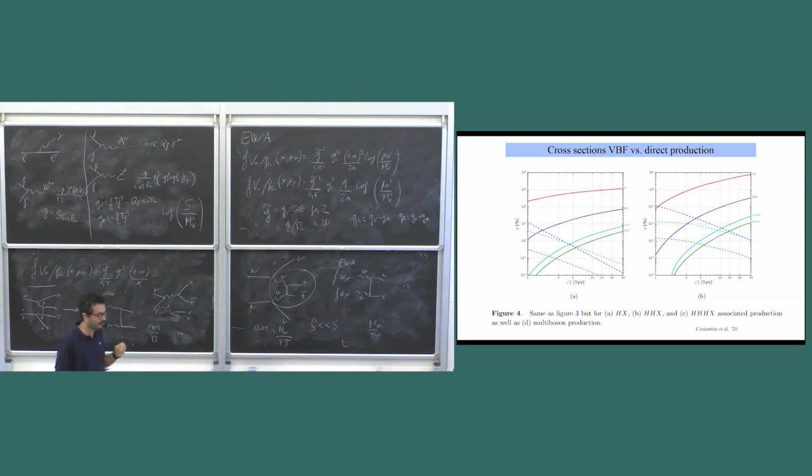If you want accurate predictions in the Standard Model for vector boson fusion, it seems more important to take into account all the diagrams. All the diagrams 2 to 4 is much more complex. So again, if you want precision, you pay a price. Okay, thank you.